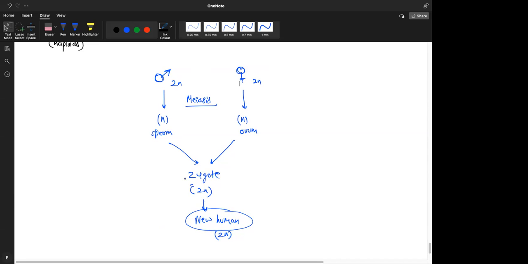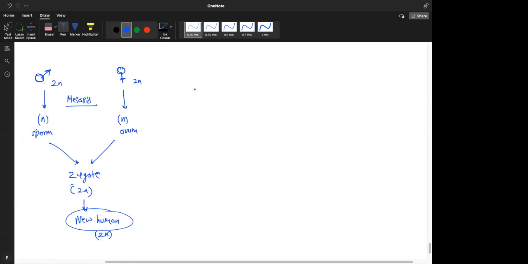Our great grandparents were also diploid. This is only possible because we have a mechanism, a different kind of cell division, which we only use for making gametes. For everything else in our body, for growth, development, repair, replacement, wound healing, recovering from injury, we do mitosis. But just for gamete formation, we do meiosis. If we could not have done meiosis, then this was the problem.